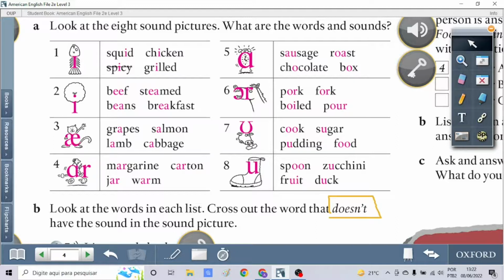Number 4, R. Which word doesn't have this sound? 5, aw, clock. 6, or, horse. 7, bull. 8, ooh, boot.